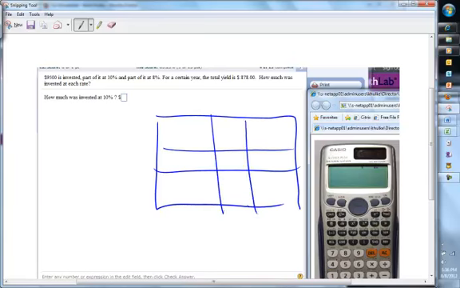Okay, we have 9,500. Part of it is invested at 0.10, and part of it is invested at 0.08, and the total yield is 878.